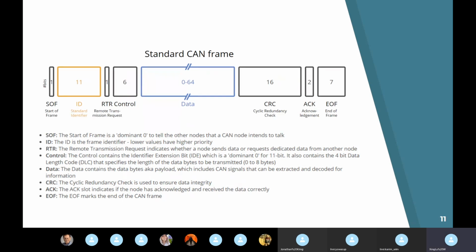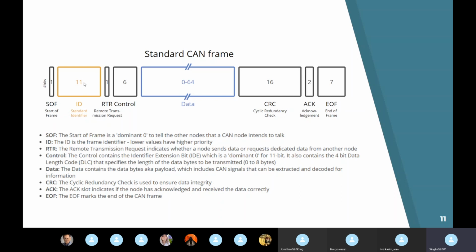So the CAN frame. In a CAN frame, we have a lot of things involved. It starts with the start of frame, which is 1 bit. These are all in bits. Then we have an identifier. This is basically the ID number of the device that's sending it, or the specific component that's transmitting it.